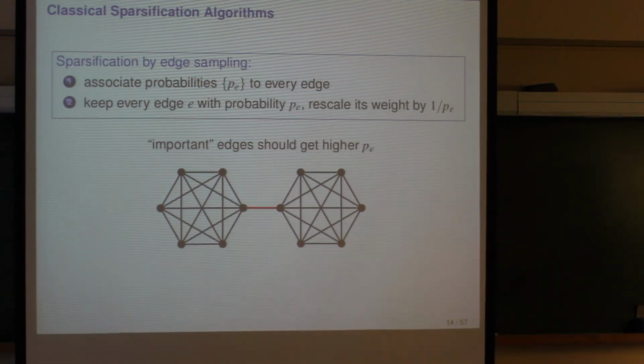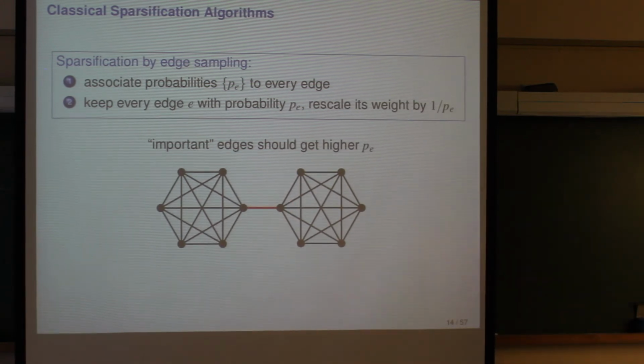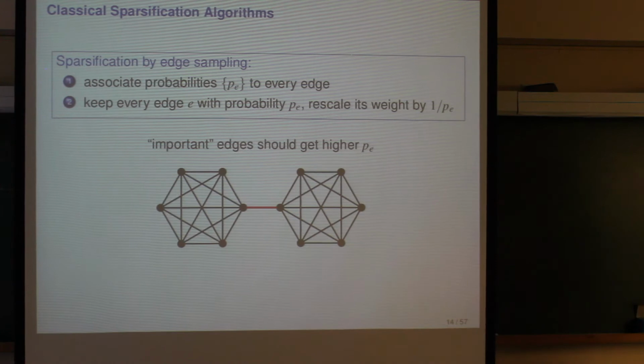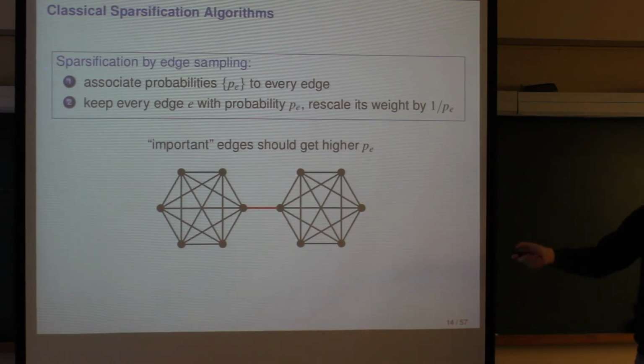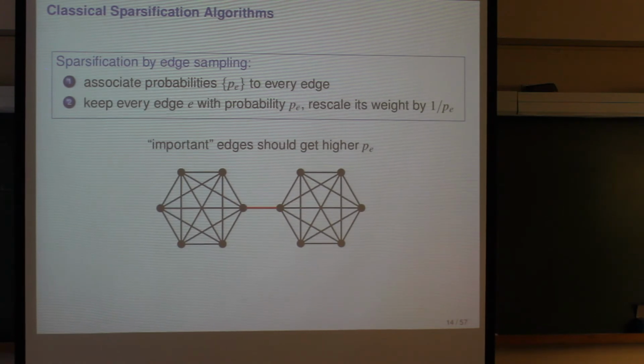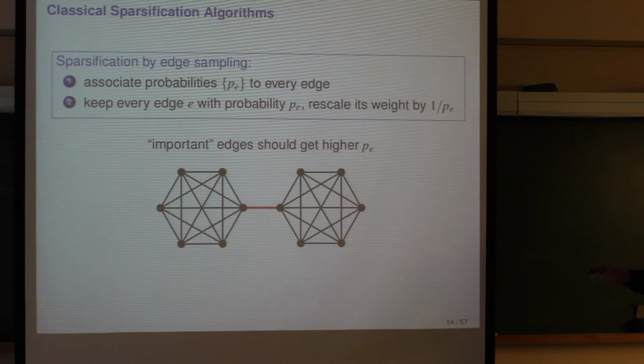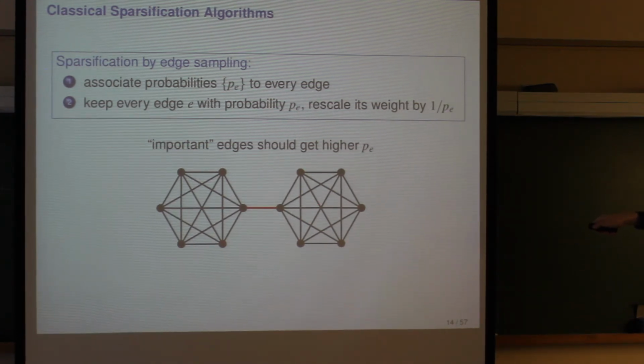Now if we take a sparsifier, that would be a subgraph of this graph. Then we know that this edge should still be present, because if it were not, we could look at the same cut and we would get value 0 instead of 1. And we need a multiplicative error, so we need this edge to be there. That's why this is a very important edge. You cannot make the same argument about any of these other edges.